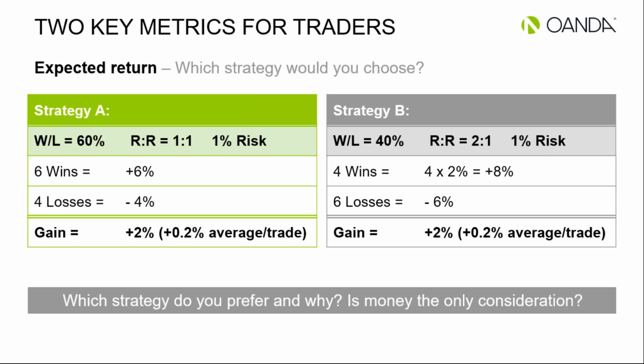So again, offsetting the profit and the loss, you get a net overall gain of 2%. Okay, so it's the same across 10 trades. Under both scenarios, your total profit after you take 10 trades is going to be the same, 2%.